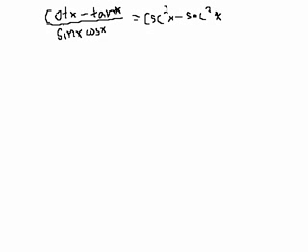Cosine squared divided by sine squared is cotangent squared. And 1 over sine squared is cosecant squared. So that gives you the second one.